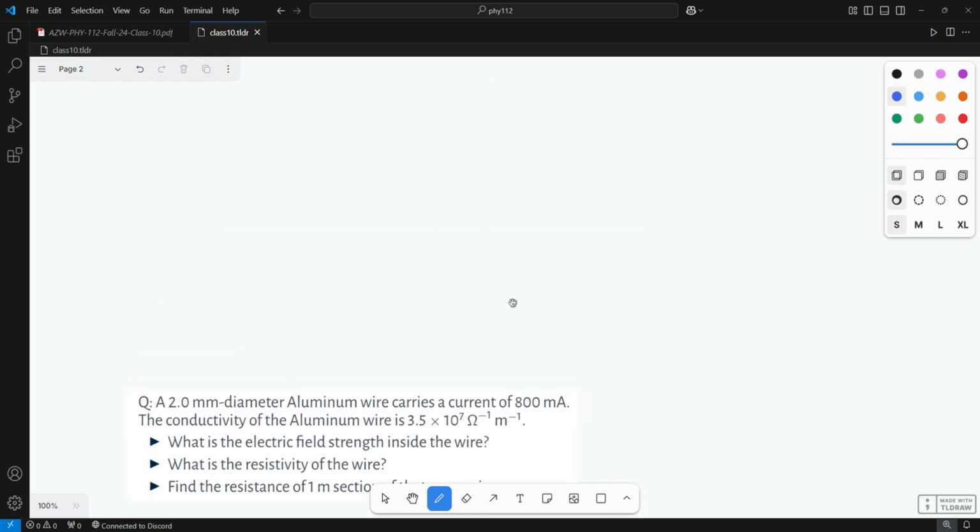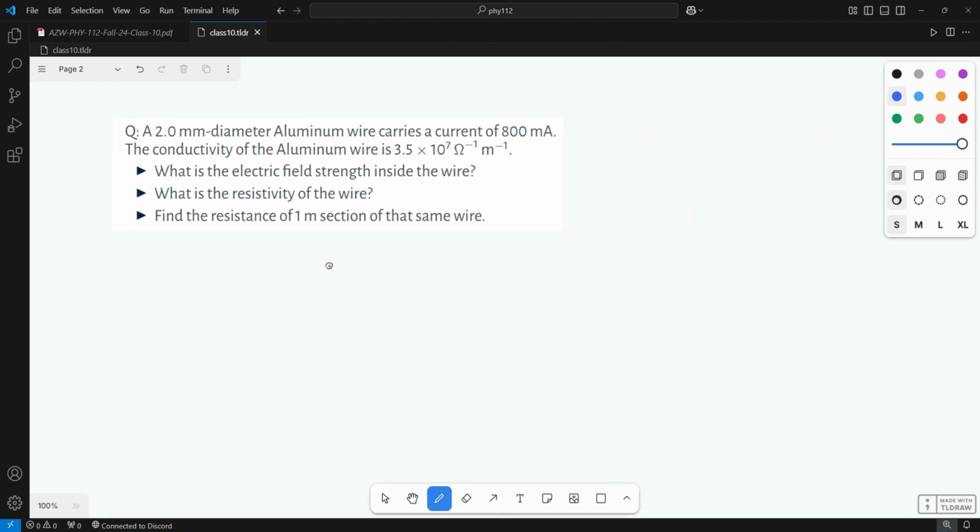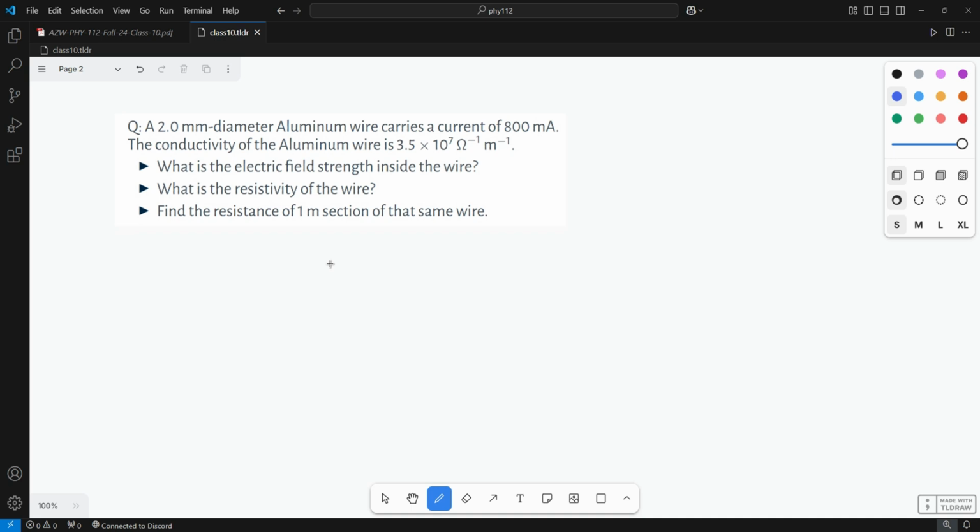Now let's move on to the next question, which states that a 2 mm diameter aluminum wire carries a current of 800 milliampere. The conductivity of the aluminum wire is 3.5 × 10⁷ per ohm per meter.